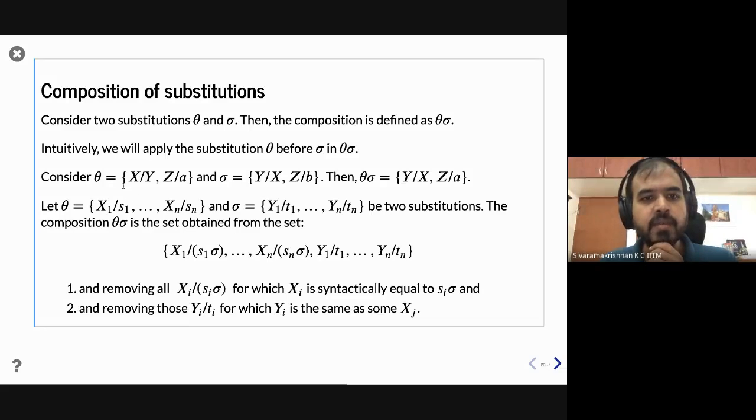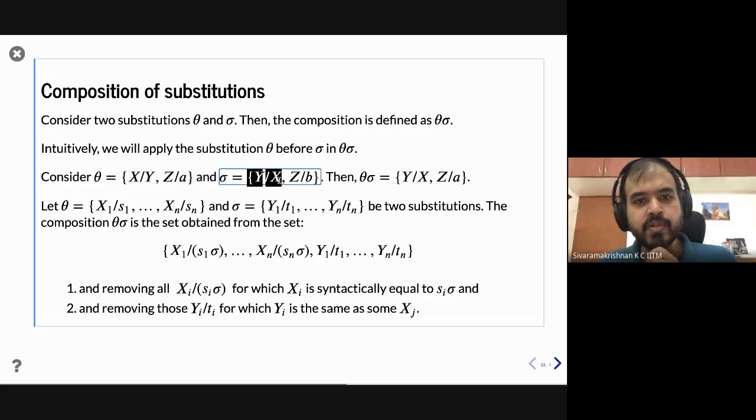If the original term had a y, then the initial substitution is not going to change that y, but the second substitution is going to change the y because I'm going to replace all the y's with x. So that is why y slash x occurs in the composition, right? And then look at what happens to z.